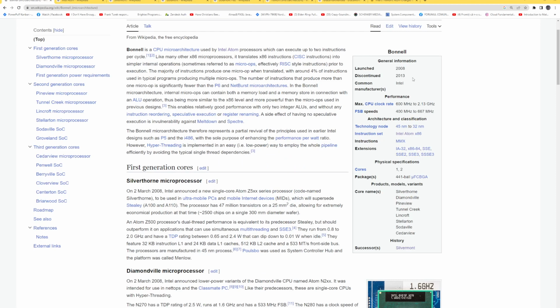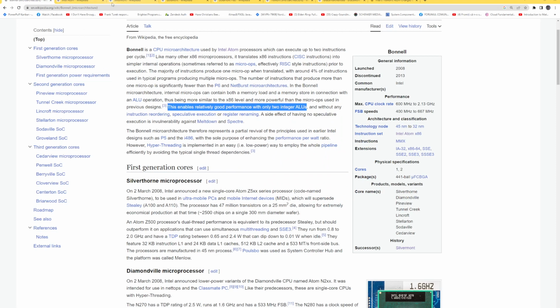And you should also see the year when it was launched: 2008. So Intel was reasonable and low power. You could use it to do some computations, but it was not that advanced, especially when you need a lot of memory accesses. It was very slow in this part.